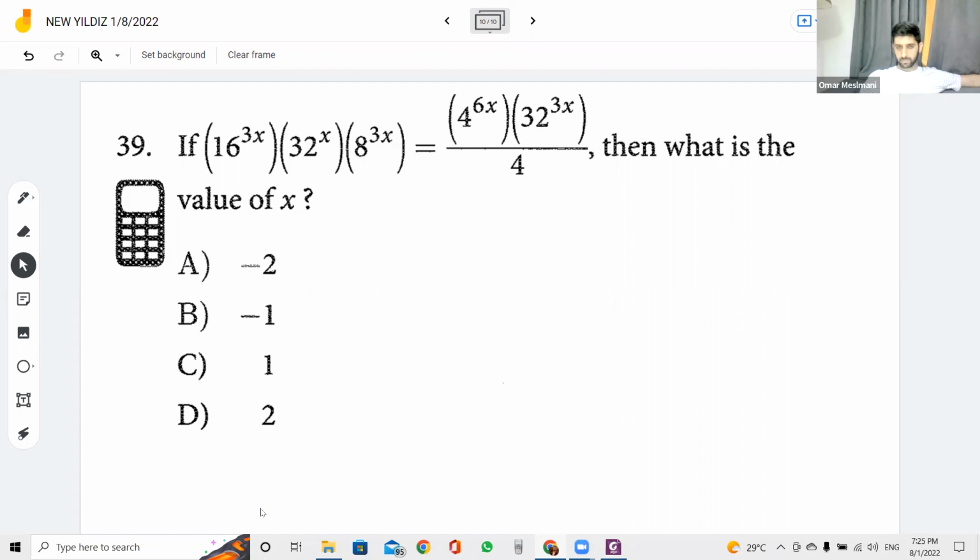Is it right? You tell me. Do you see your answer in the options? Oh, I didn't. Oops, sorry. No, incorrect. My calculator is still stuck, it's not giving me the answer. Just cancel it. Stop.